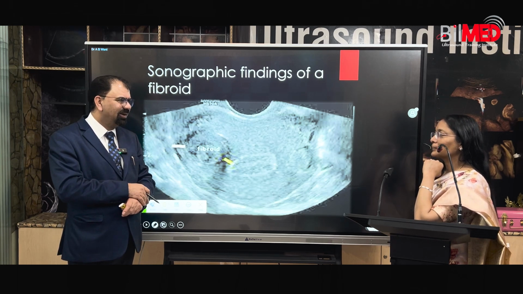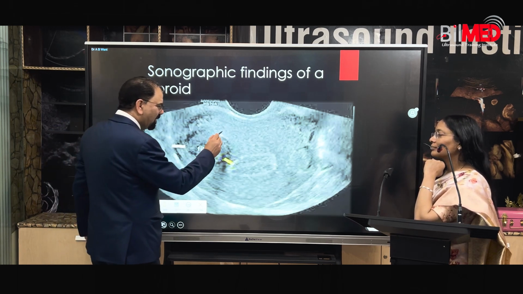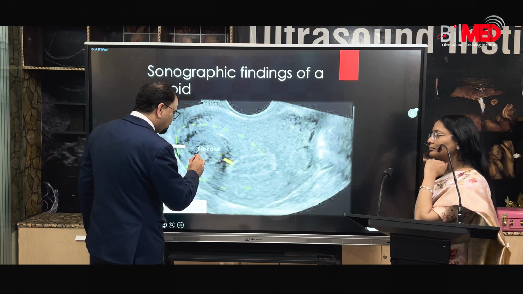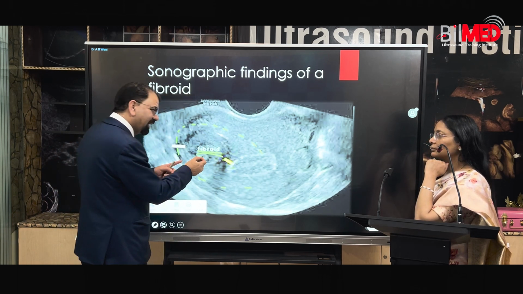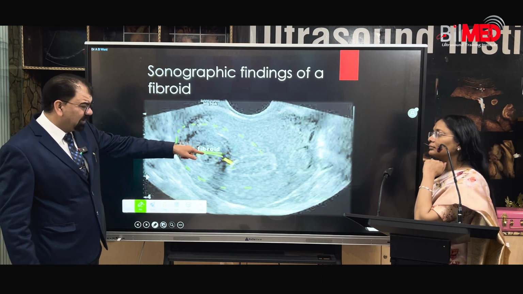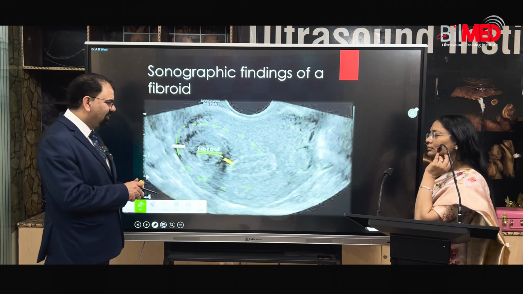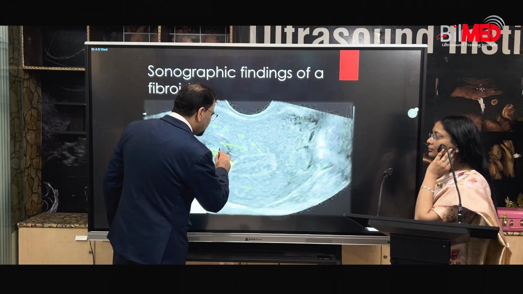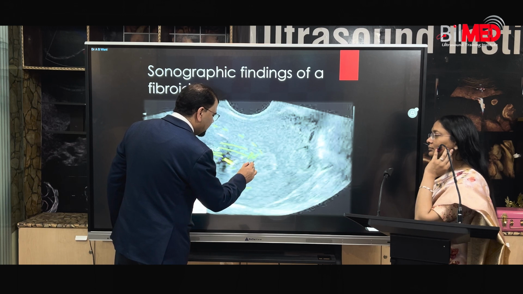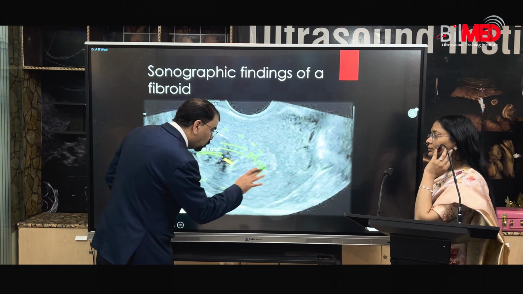This all is myometrium over here. This fibroid, if it is a true fibroid, will have almost the same echogenicity as this myometrium, yes or no?